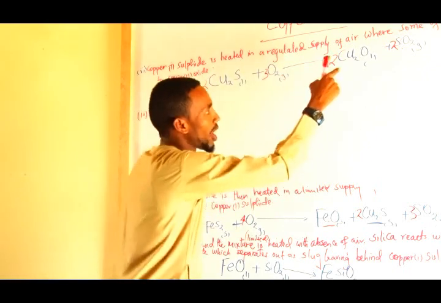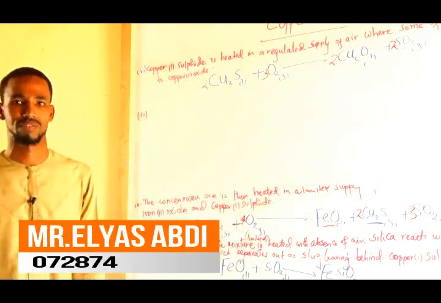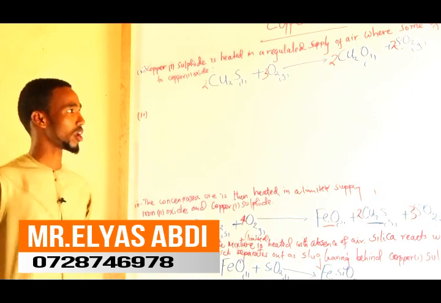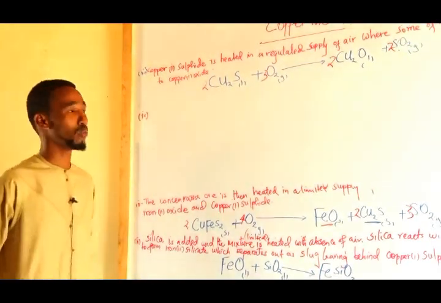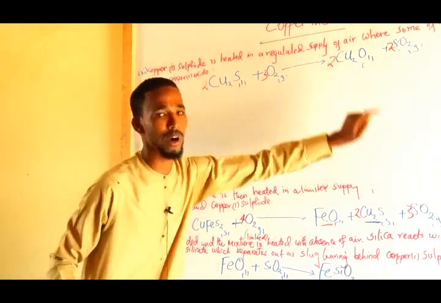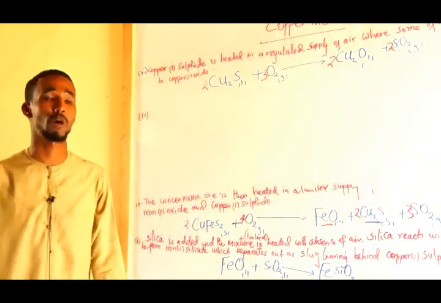Now stage number 4, which is basically the last one. What do you have now? You have copper 1 oxide. Now the remaining copper 1 sulfide will be reacted with the copper 1 oxide to obtain the copper metal.